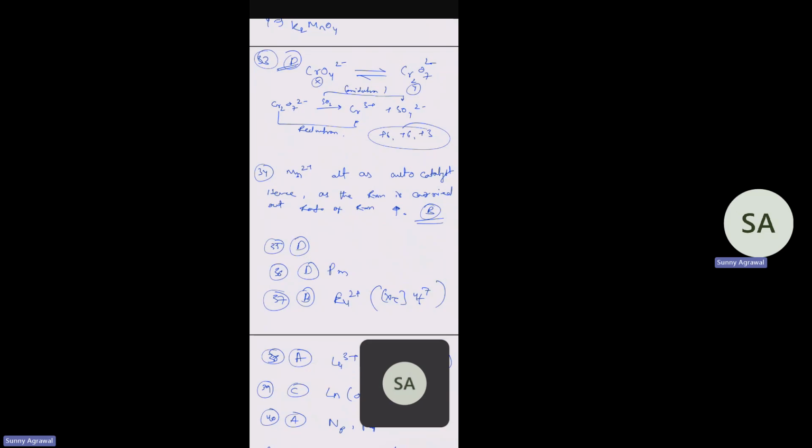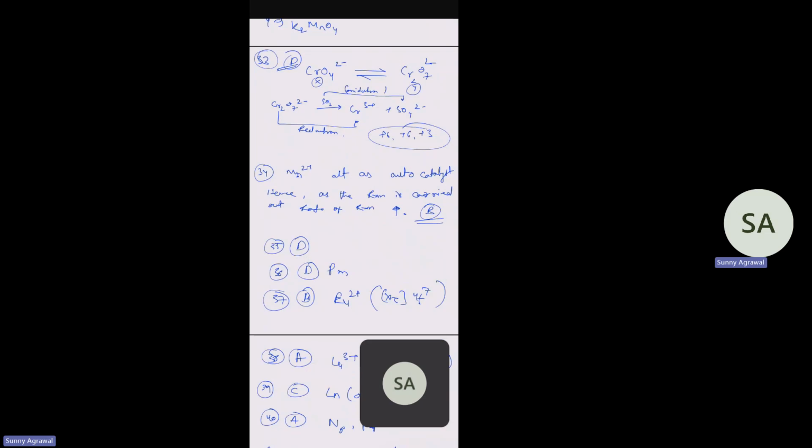Both are in +6 oxidation state. Whereas Y, Cr2O7 2 minus in presence of SO2, will act as an oxidizing agent. It will convert SO2 into SO4 2 minus, and self reduction will occur, where chromium will be reduced to +3. So the oxidation state will be +3. So the answer will be option D, +6, +6, +3.